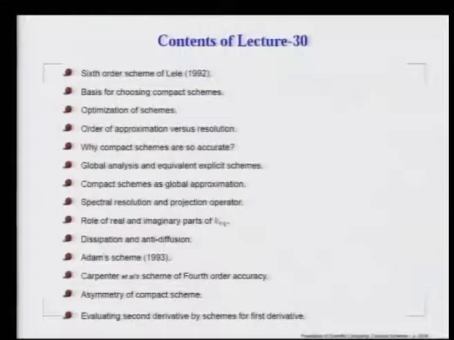We begin lecture 30 with a brief review of what we had talked about in the last class, namely the sixth order scheme of Lele that was obtained by Taylor series analysis. However, we also pointed out that there must be some basis for choosing a compact scheme.